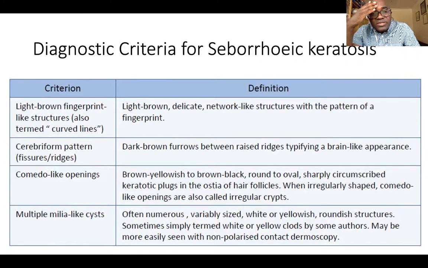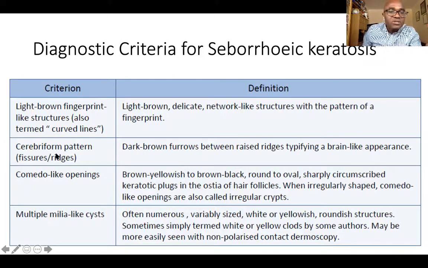So in seborrheic keratosis, the criteria you're looking for is: has this lesion got light brown finger-like structures or curved lines? This light brown network pattern of finger-like structures is one criterion for seborrheic keratosis. That's one. That's a positive criterion.